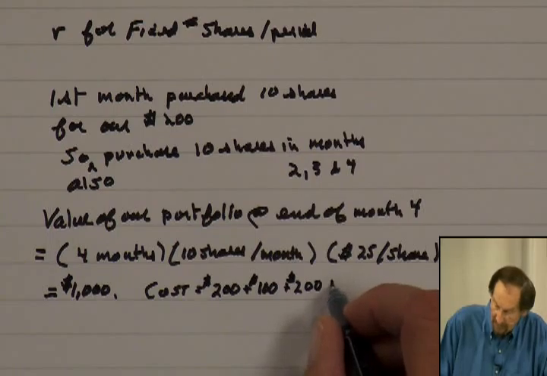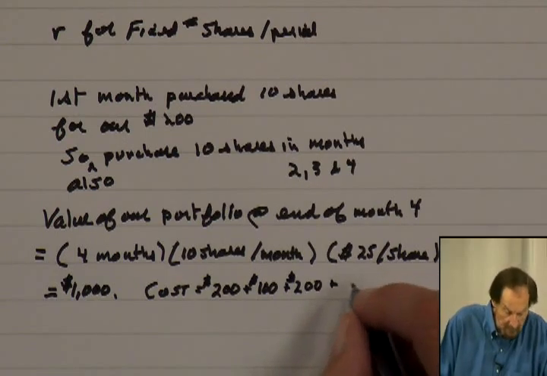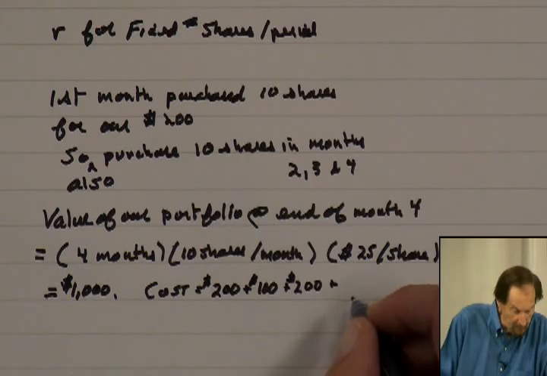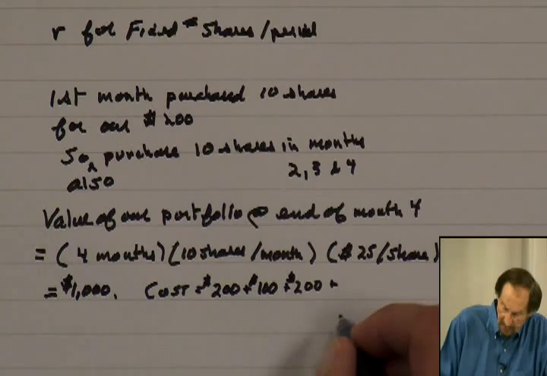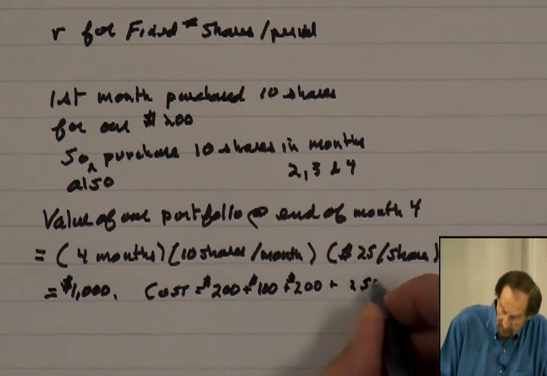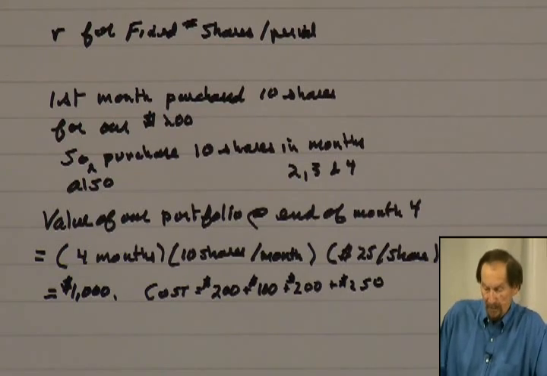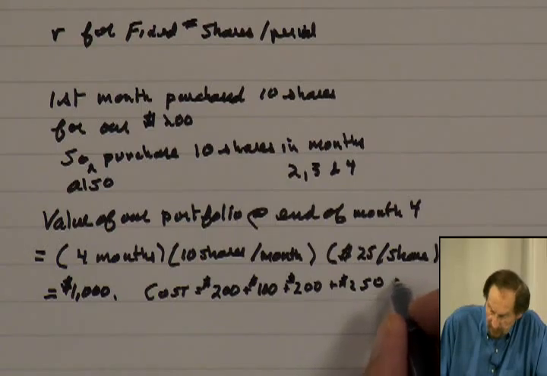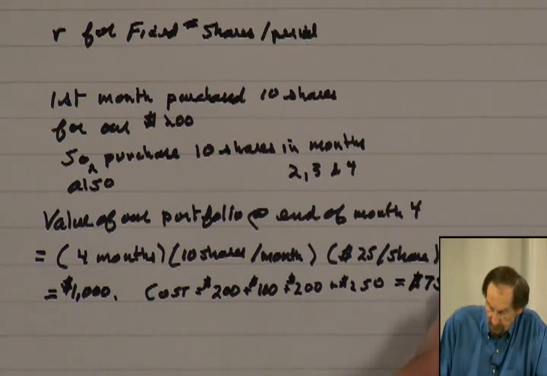And then finally, in month 4, the shares are at $25 a share, so $200 will buy us 8 shares. Or to buy 10 shares will cost us $250, okay? So this is the amount if we want to buy 10 shares each month. So this equals $750. Okay.